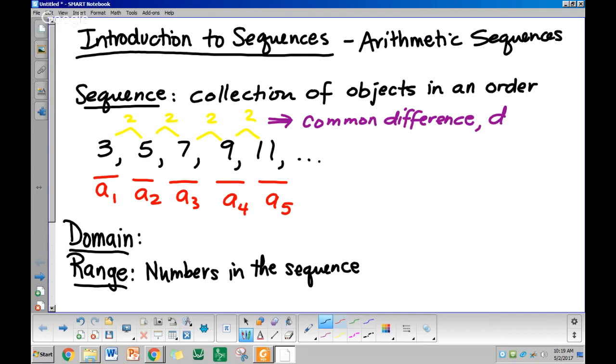I mean, Connor is first in line, second in line, third in line. Is there a 1.5 spot in line? No. So what is the domain? That's right, all the integers greater than 0.